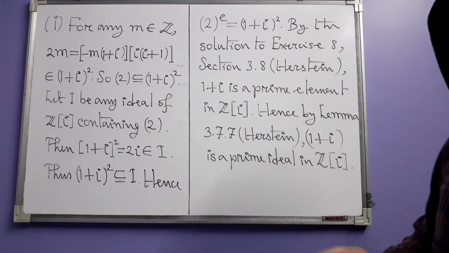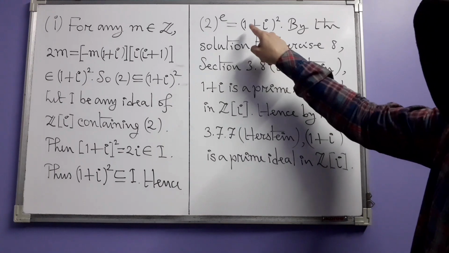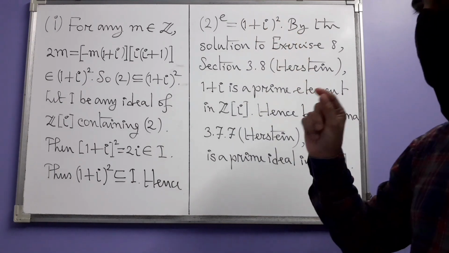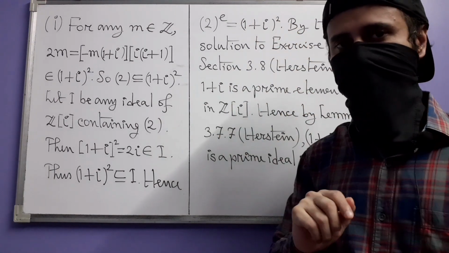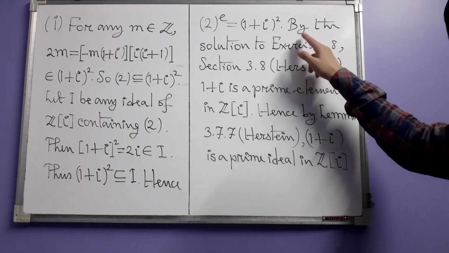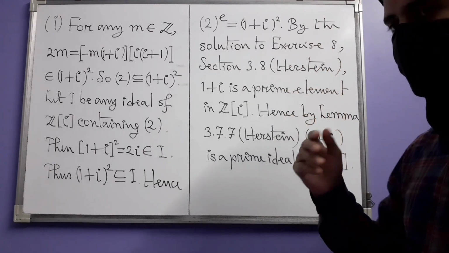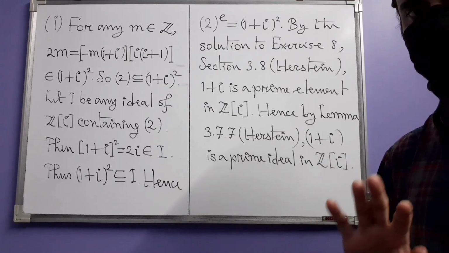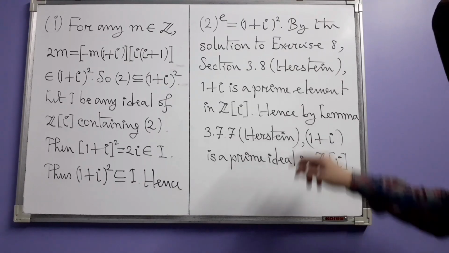Next comes the question of how this principal ideal generated by (1 + i) in Z[i] is a prime ideal. Here you have to use some already proved things from Herstein's Topics in Algebra, 2nd edition.